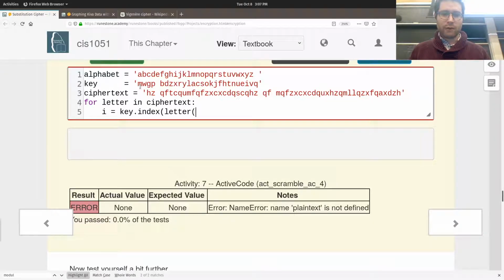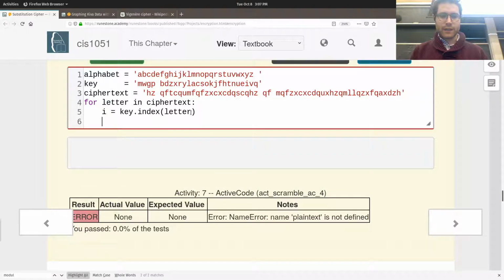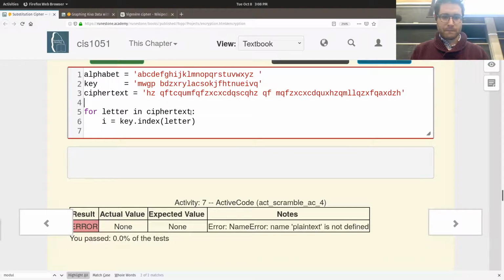So get the letter in here, find what index it appears in here, and then plaintext is equal to nothing. Plaintext.append, nope, sorry. Plaintext plus equals alphabet of the index.